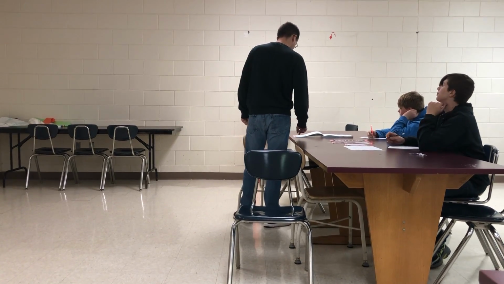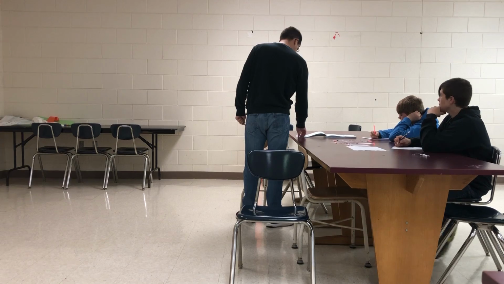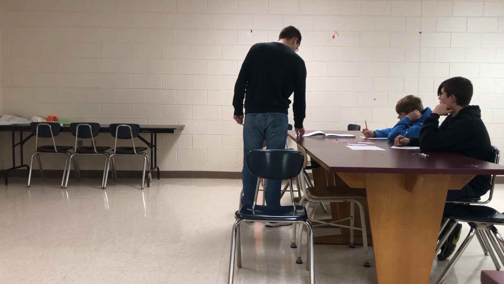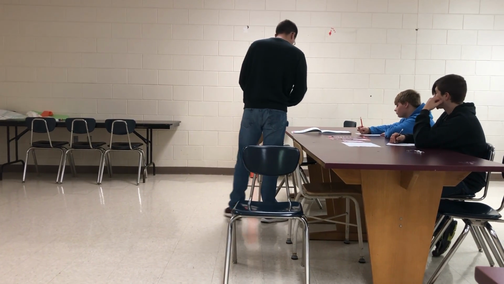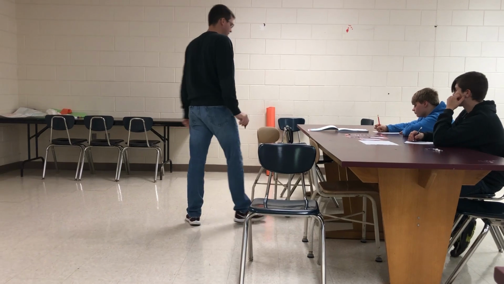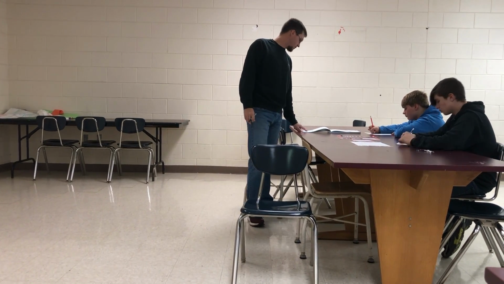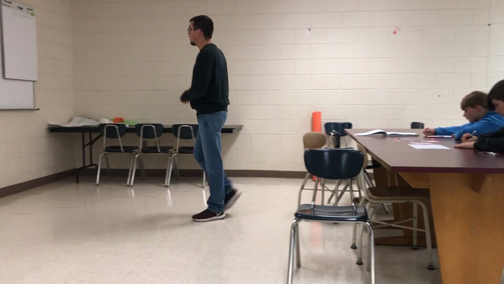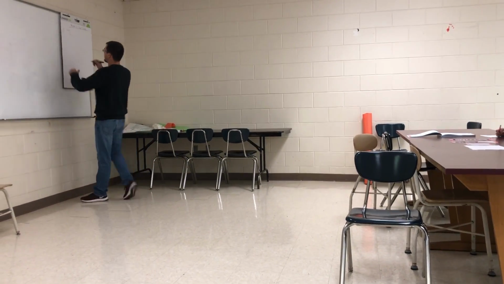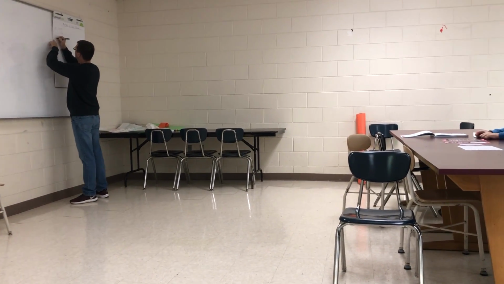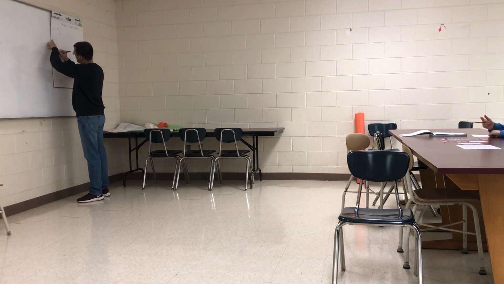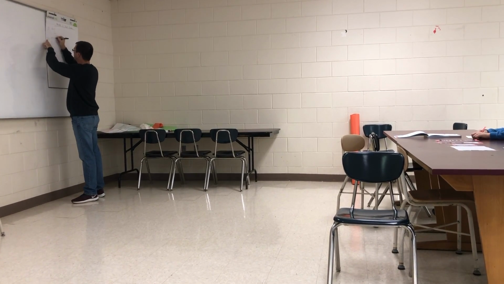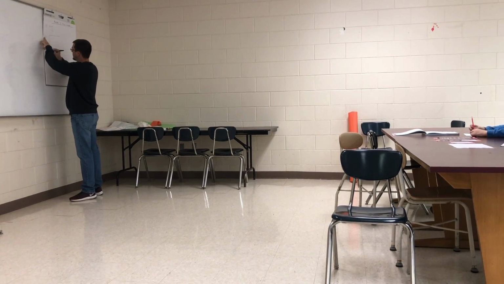Okay, now what we want to do is we want to draw our rectangle. Remember how we did the commutative property the other day? We're going to draw our grid. Okay. So what our grid's going to look like is a square.